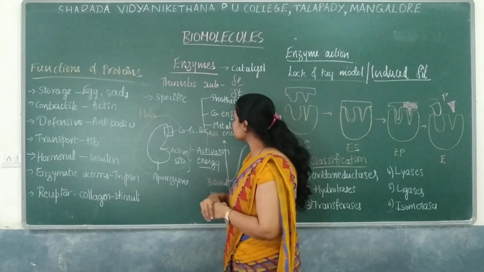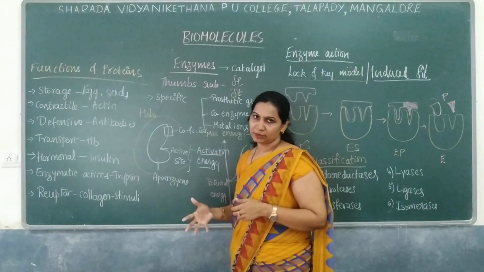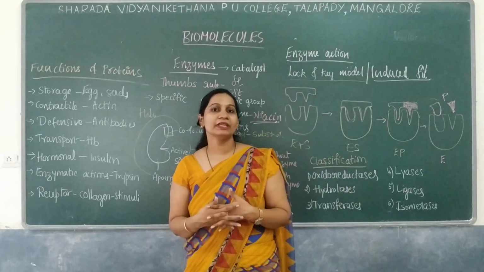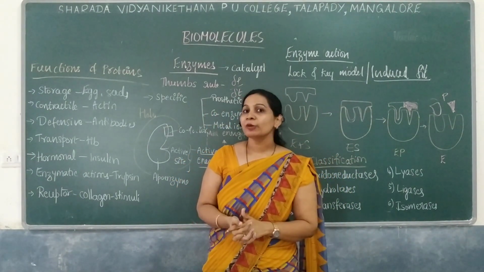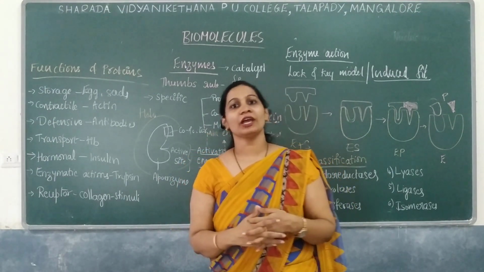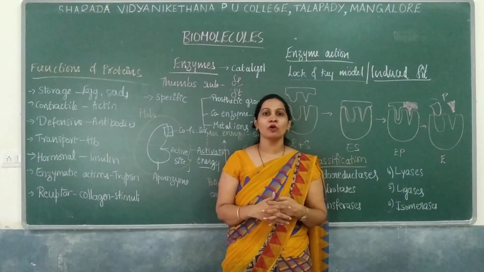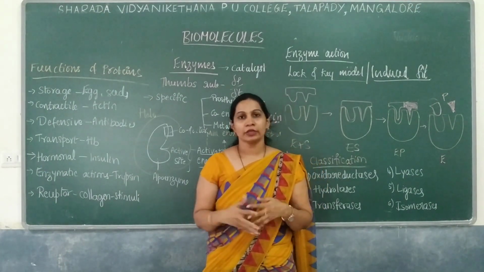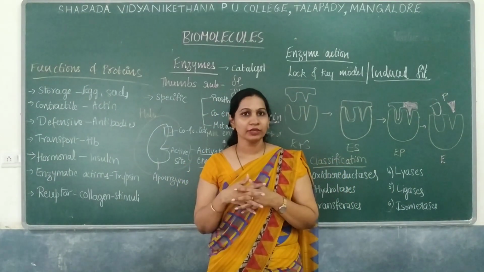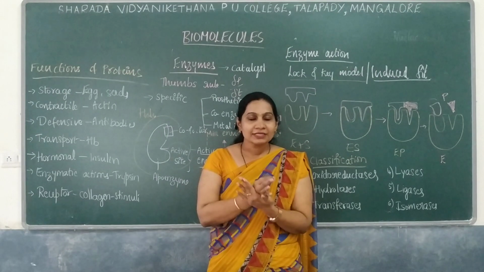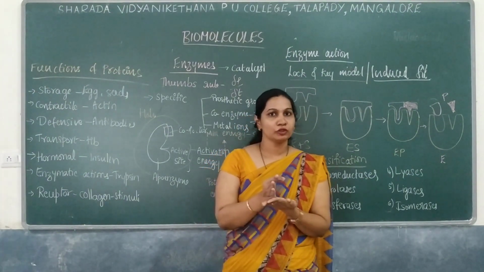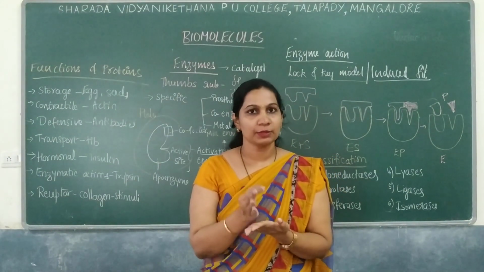Okay. So next, moving on to the other concept. I can give you an example of one of the enzymes, known as carbonic anhydrase, which converts carbonic acid into water as well as carbon dioxide. Now, in the presence of this enzyme, in 1 second, 6 lakh molecules of product will be formed.